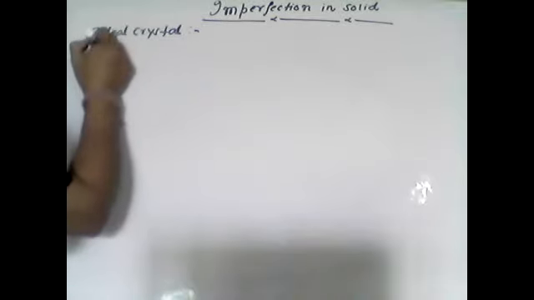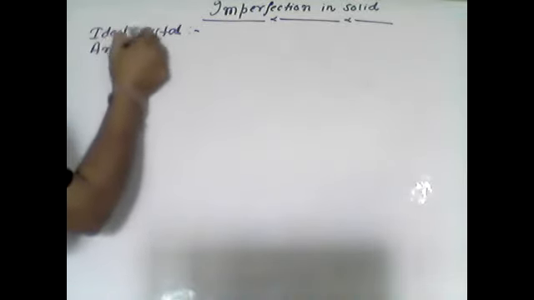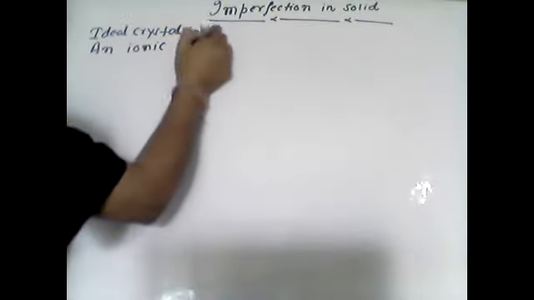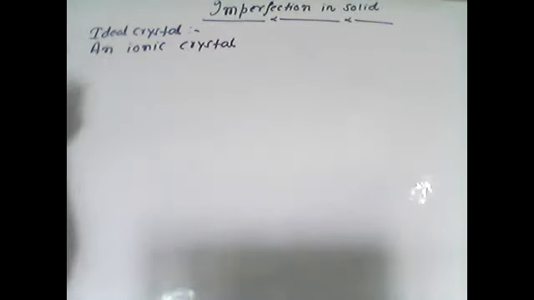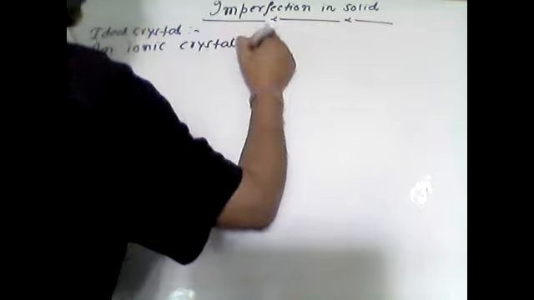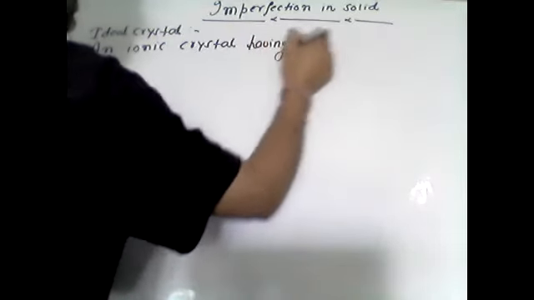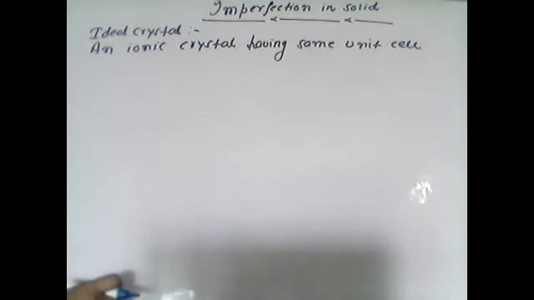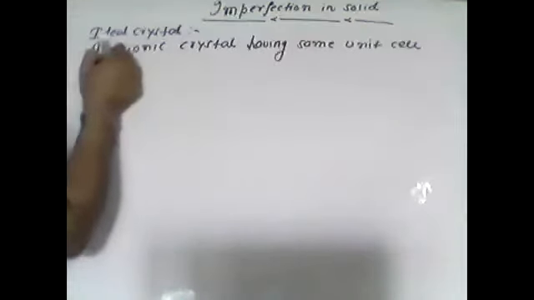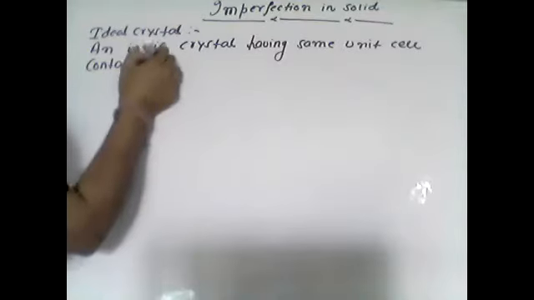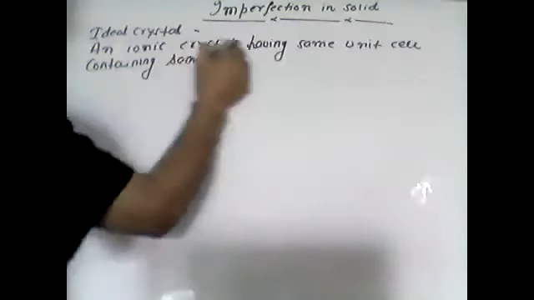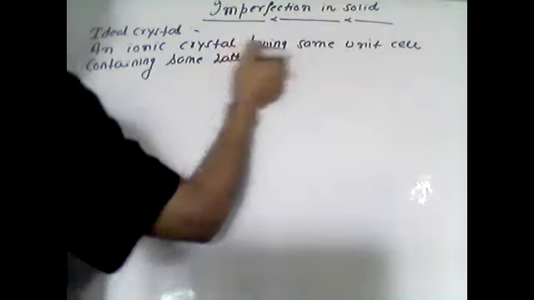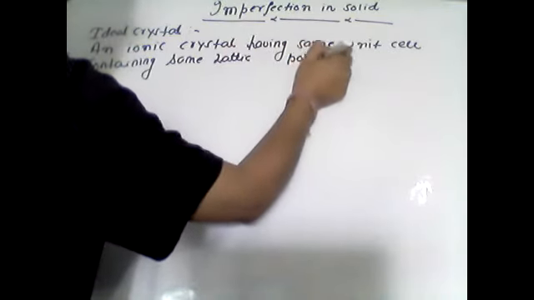Let me write down the definition. It is an ionic crystal having the same unit cell. Unit cell is the smallest repeating unit, containing the same lattice points.